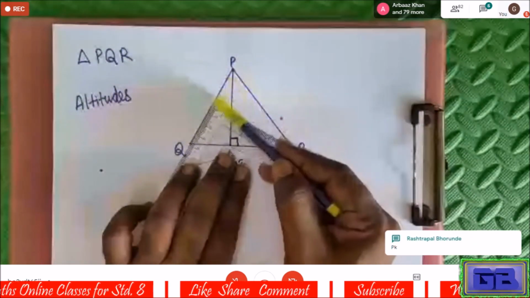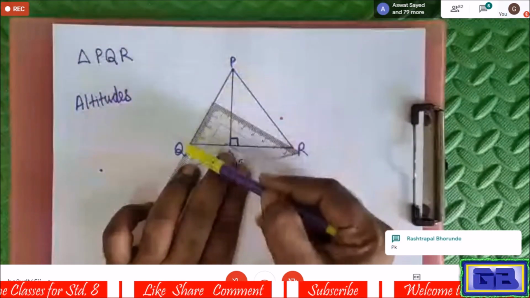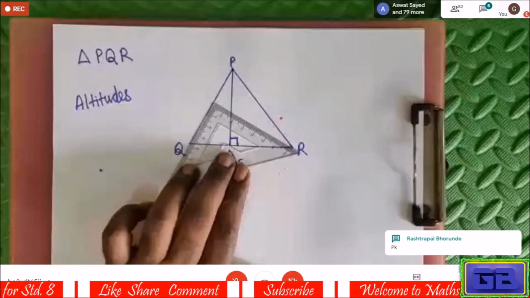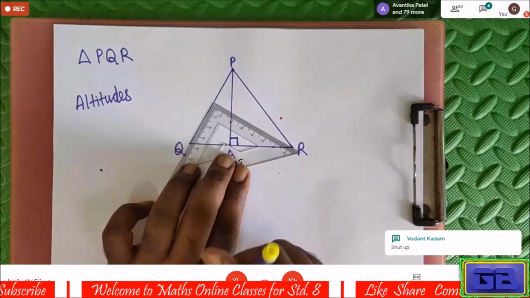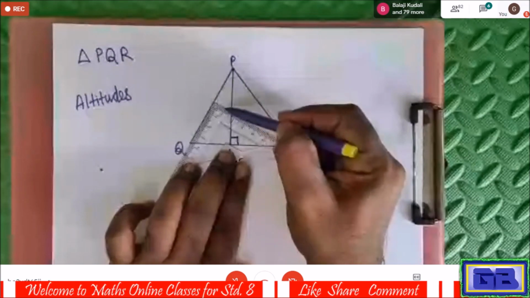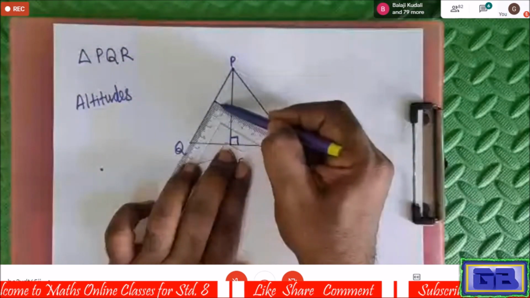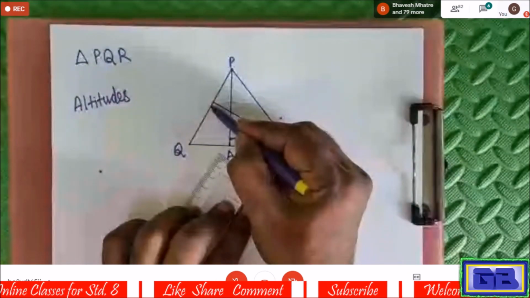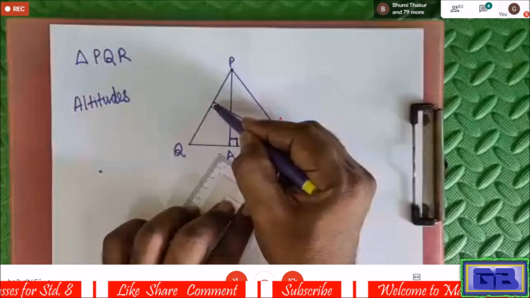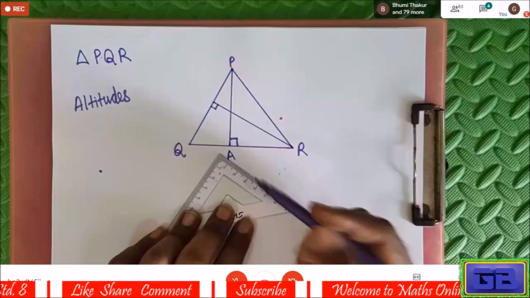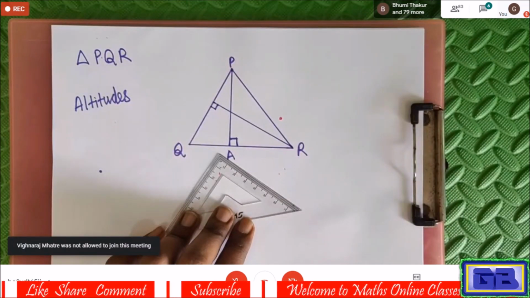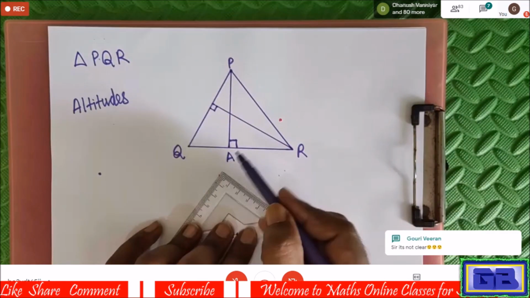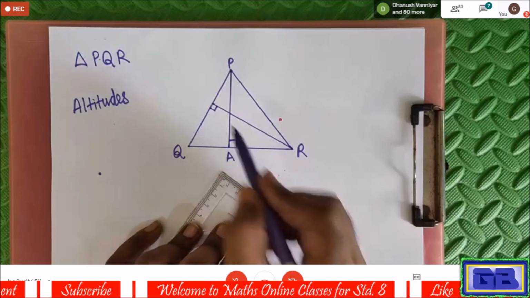Now we have to assume side PQ is the base. Start drawing this perpendicular. Give your perpendicular symbol. Here I have given the name point A.